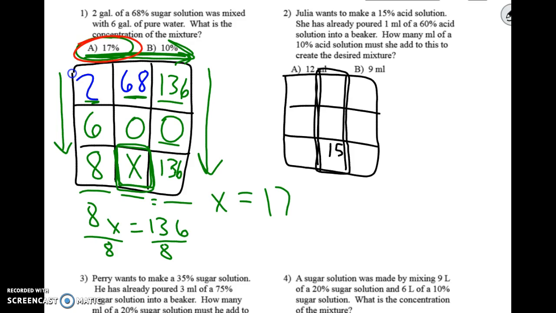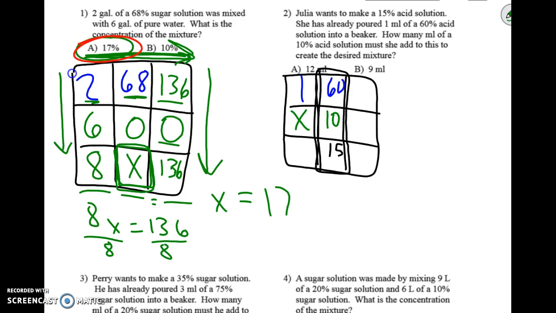She's already poured, and I'll put this in blue, 1 milliliter of 60% acid solution into a beaker. How many? Everybody knows what how many means. How many means X milliliters of a 10% must she add to create the desired mixture.